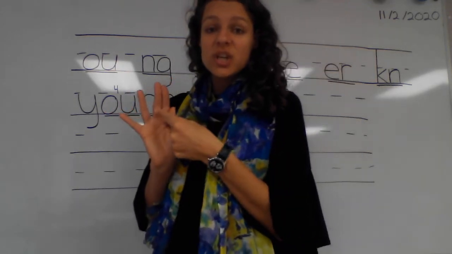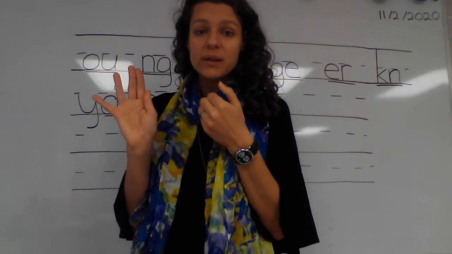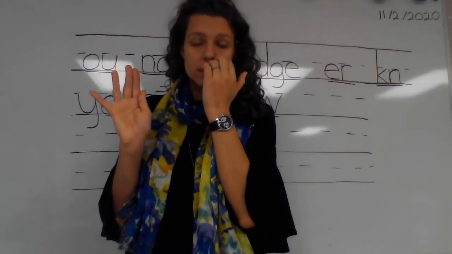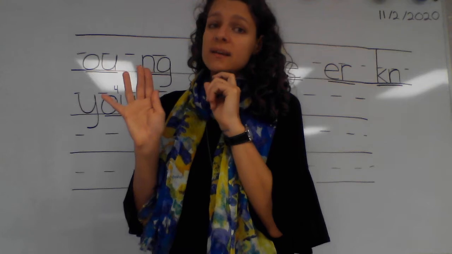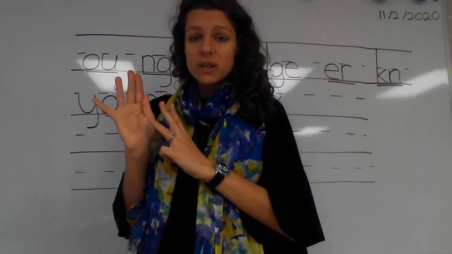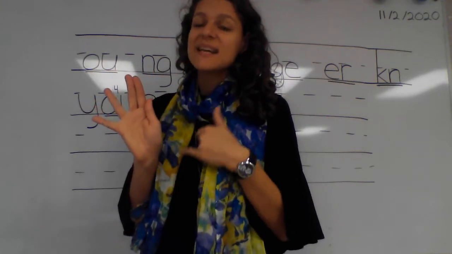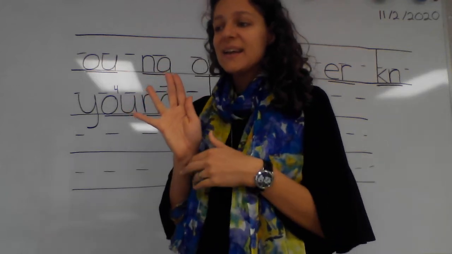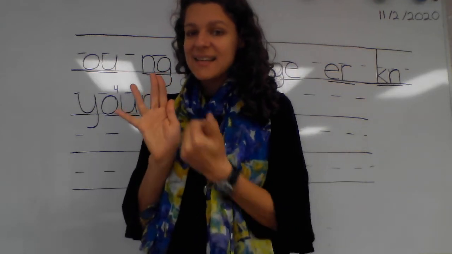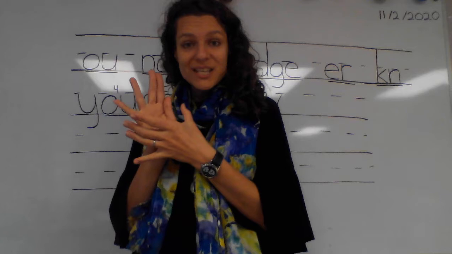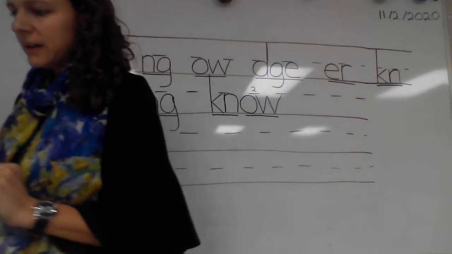Which j are we going to use in ledge? Good. J, three-letter J, used only after a single vowel that says a, e, i, o, or u. Go ahead and write it and say the sounds in that syllable ledge while you write them.